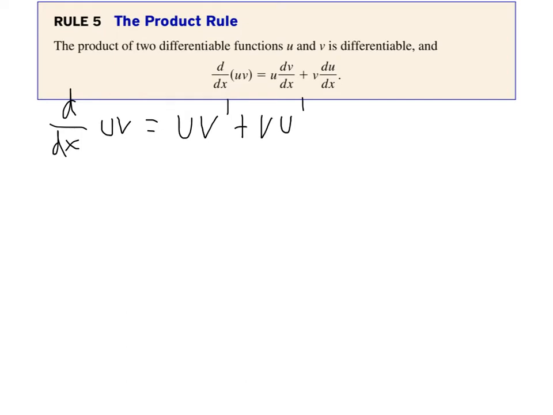First times the derivative of the second, plus second times the derivative of the first. That is the product rule.